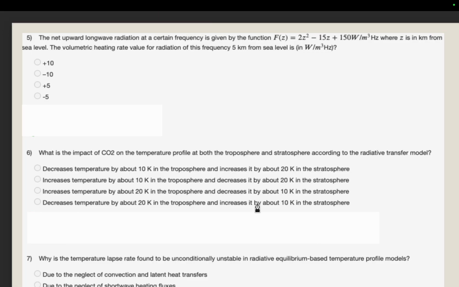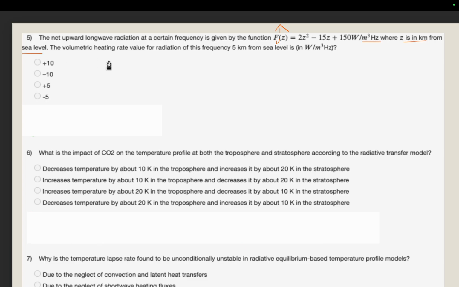The net upward longwave radiation at a certain frequency is given by this formula, F nu z, equal to 2z square minus 15z plus 150 in the unit of watt per meter square per hertz, and z is given in kilometers from the sea level.